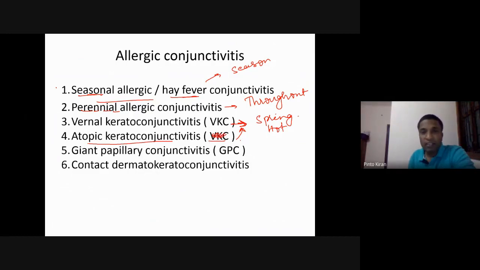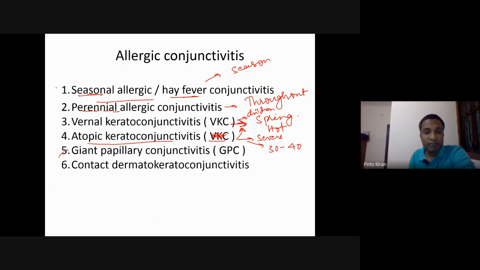But atopic is a very severe form and it occurs usually in adults, between 30 to 40 years of age. VKC occurs in children.